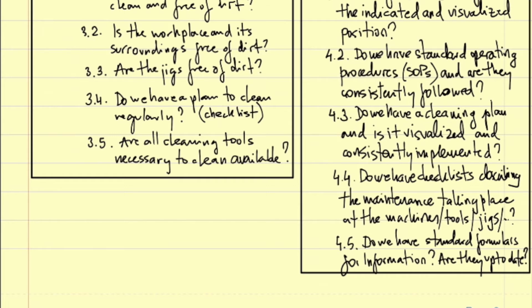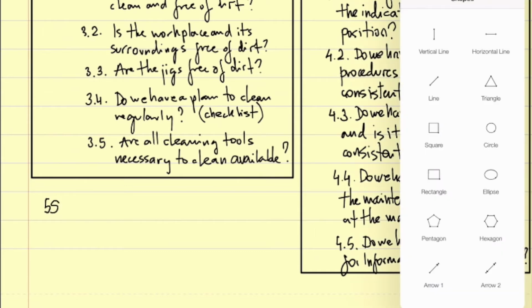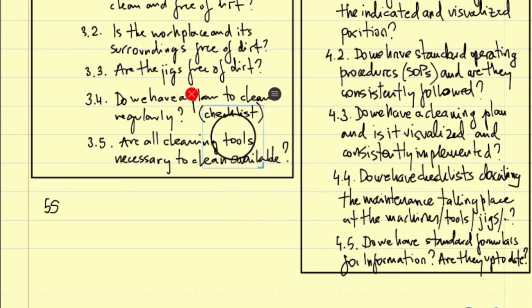And then we start with the 5S questions. For instance, last year I asked in the exam, give me the 4S questions and give me examples of implementation.